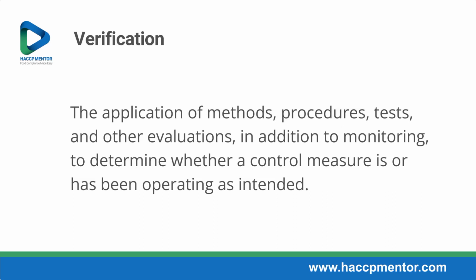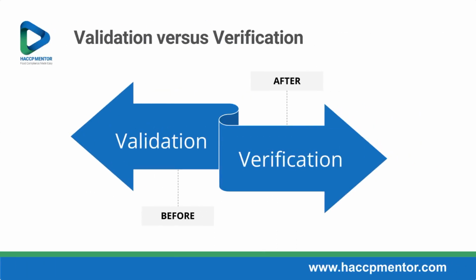So to put that in a visual picture, this is the easiest way that I find to distinguish between validation and verification. Validation is what you do before you make the product or before you implement a process, where verification is what you do after you've made the product or after you've implemented a procedure. So what we're wanting to do is confirm that our control measure has been successful in controlling the hazard.